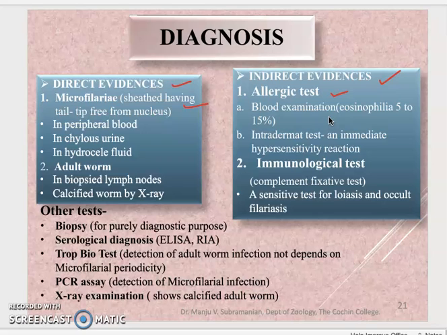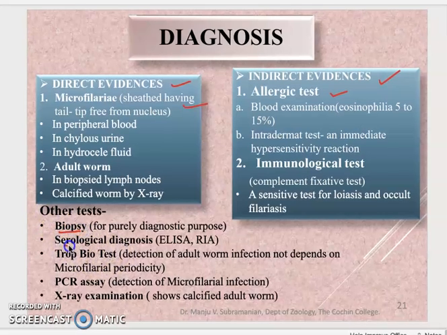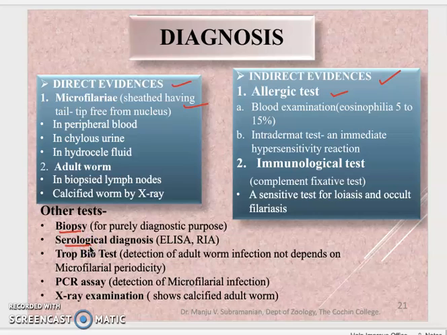Then an ultrasonography test can also be done to detect the movements and the noises caused by the adult worms. With the help of X-ray, the calcified worm can also be identified. Then other tests are the biopsy, then serological diagnosis such as ELISA and RIA.